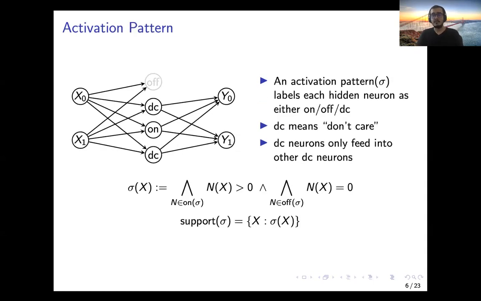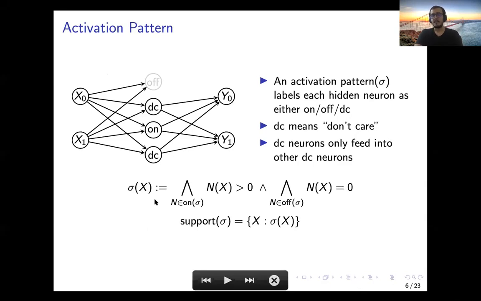But if we add on the invariant that no don't care neuron feeds into an on or off neuron, then we get that for all neurons that are on and all neurons that are off, the output of those neurons is linear. Therefore, the set of points that satisfy this activation pattern is a convex set.